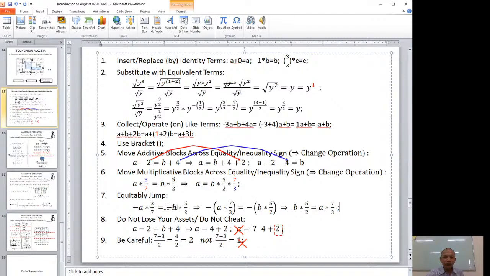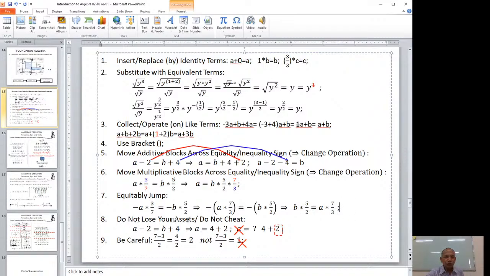You have to move them all equally: this negative moves to the other side, and that negative moves to this side, then they all change sign to plus.